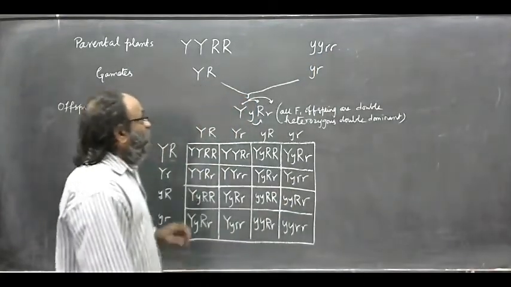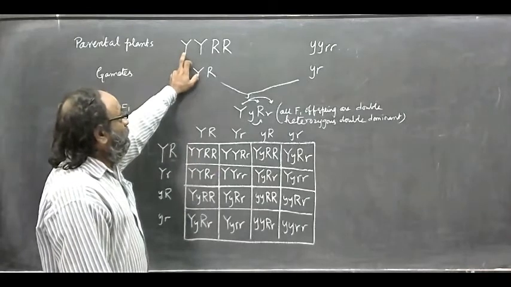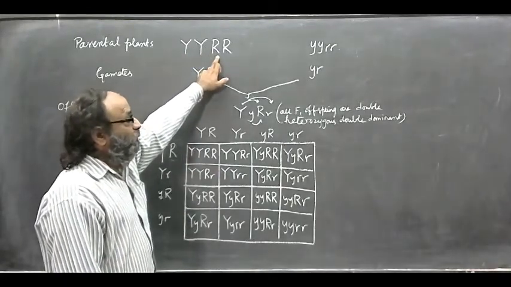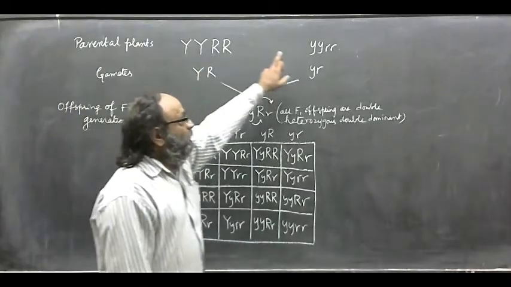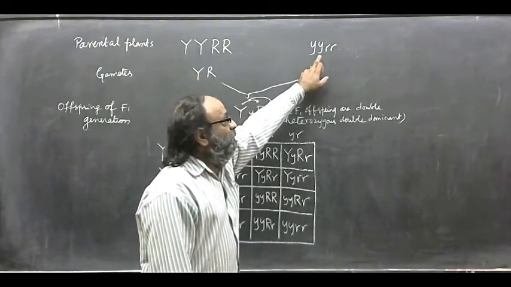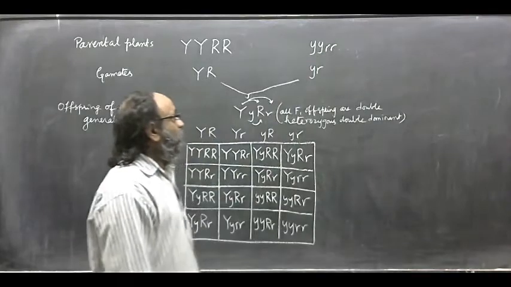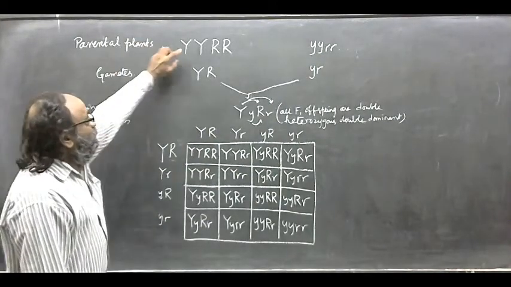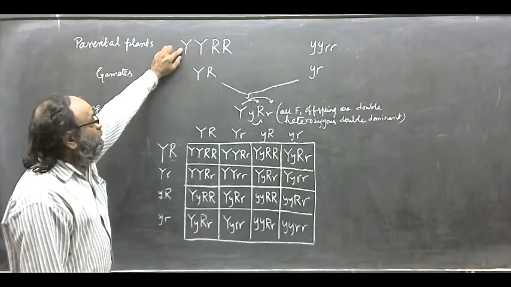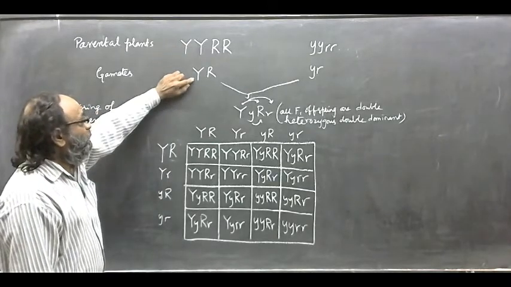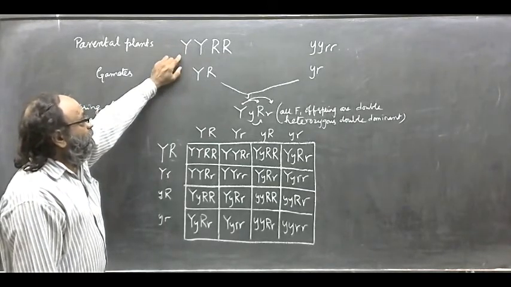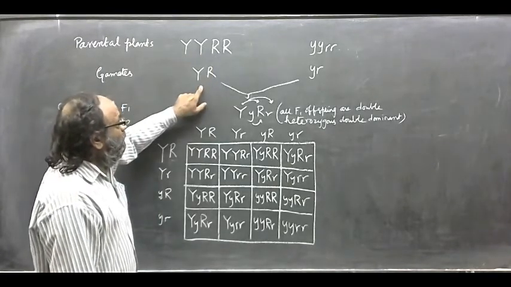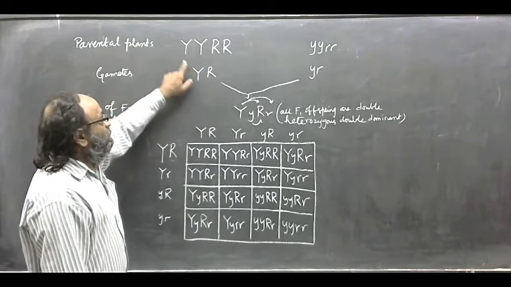A cross is made between the yellow round seeded parental plant with the green wrinkle seeded parental plant. These parental plants produce gametes. That means there is segregation of gametes.